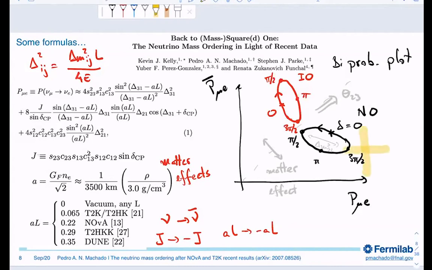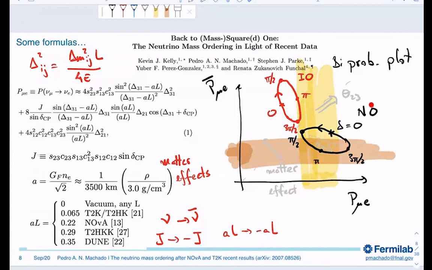You see that this is important. The importance of having neutrinos and antineutrinos is that if you only measure neutrinos, you are compatible with some region here, so basically with anything. But the moment you measure antineutrinos, you are looking at the overlap between these regions, this one here.